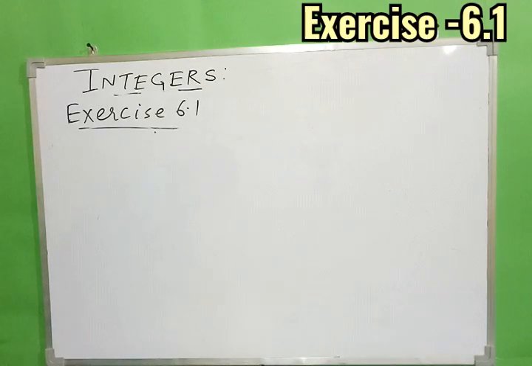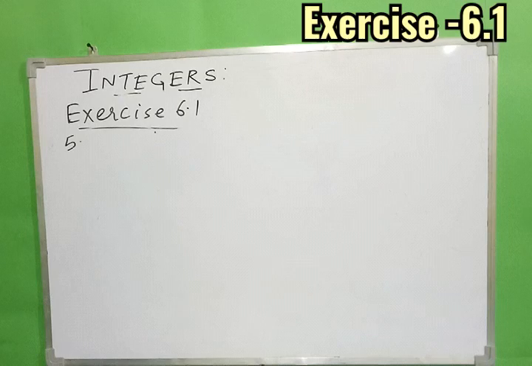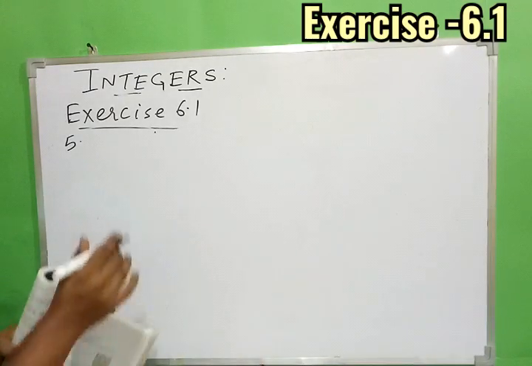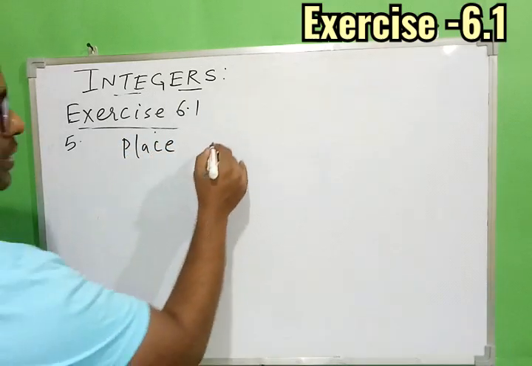Okay, so let me see which question should I take now. Now question number 5 I am taking. This is data given to us. So very first, one side it is written place, another side it's written temperature.